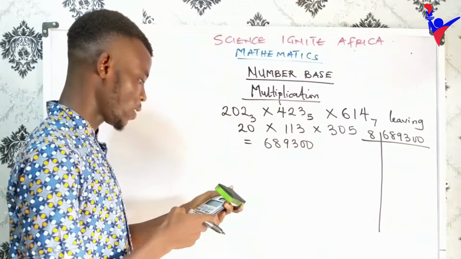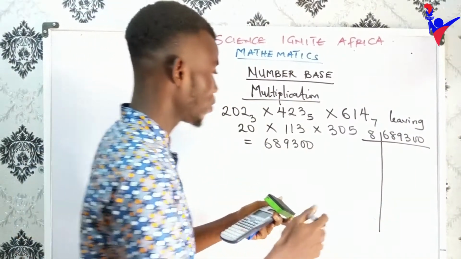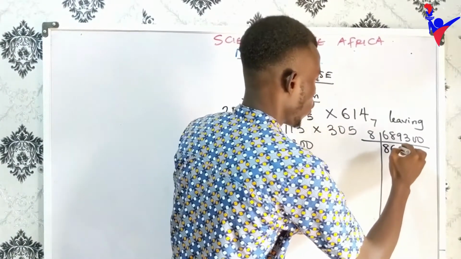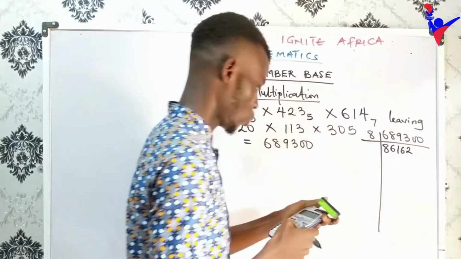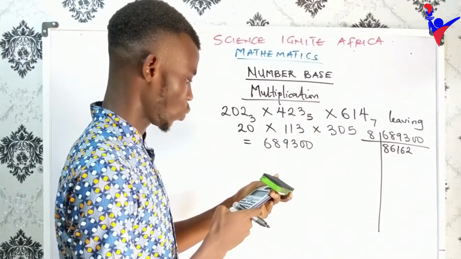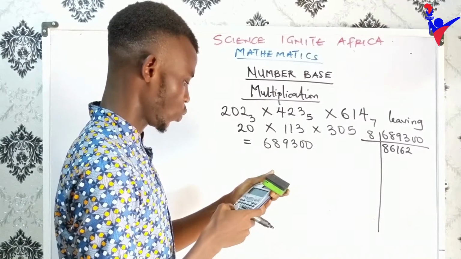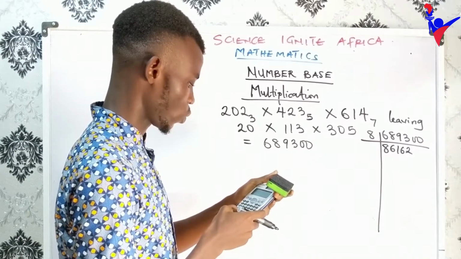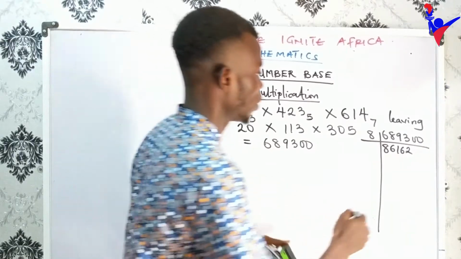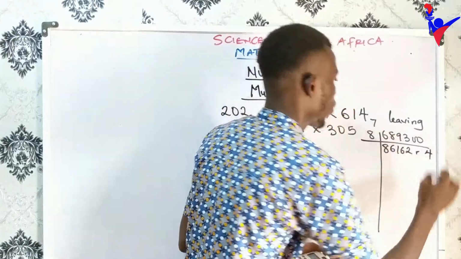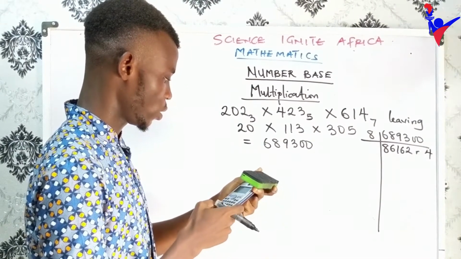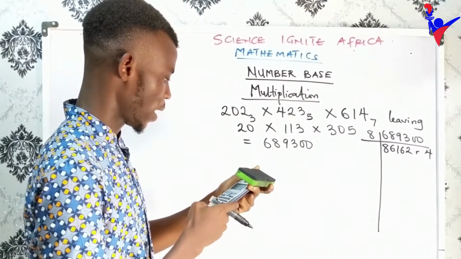So the first thing, when you divide this by 8, we have 86162, remainder 4. Alright. Going again, we have 86162 divided by 8.